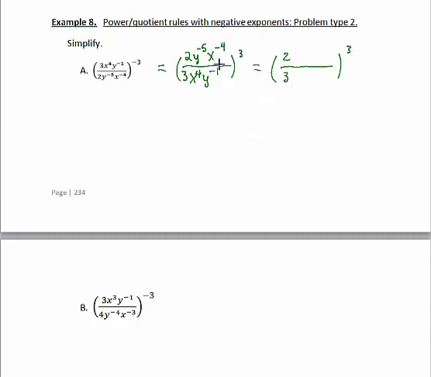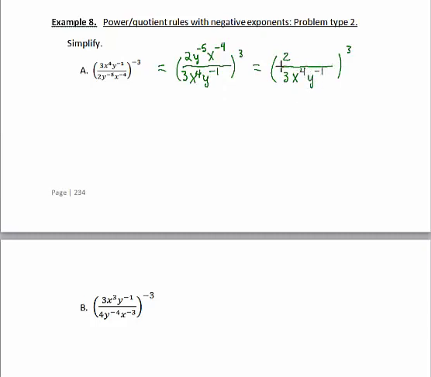Now we'll apply the quotient rule to the x's and the y's, and we'll keep the variable with the larger exponent where it's at. The x to the 4th has the larger exponent in terms of the x's, and in terms of the y's, the y to the -1 has the larger exponent.